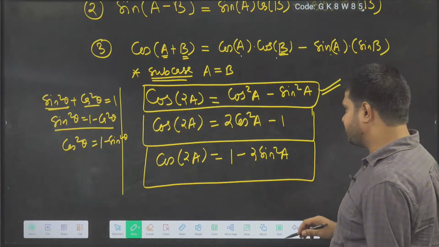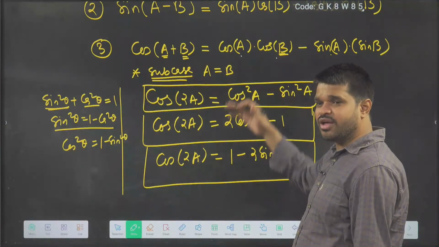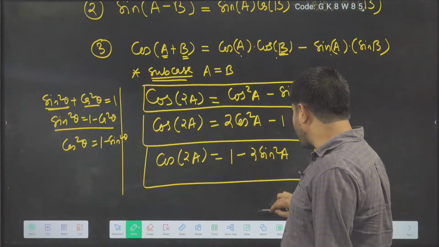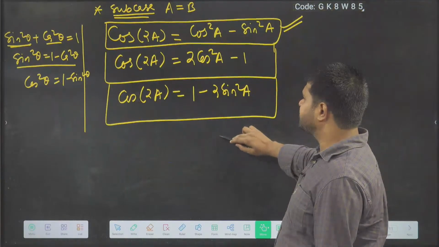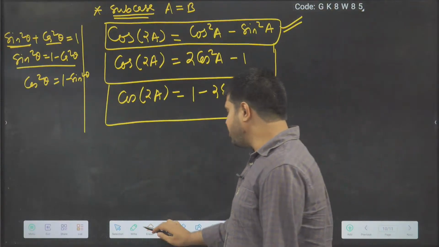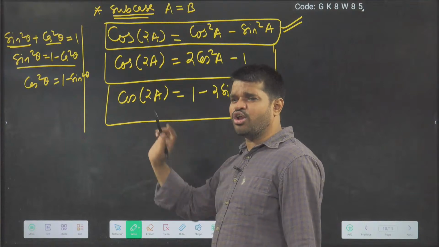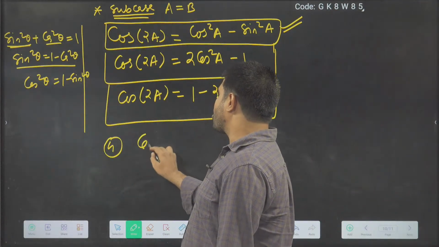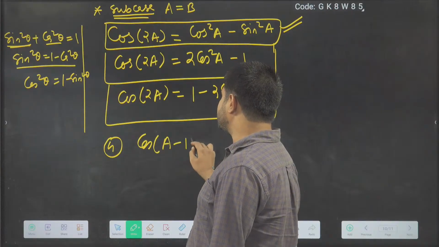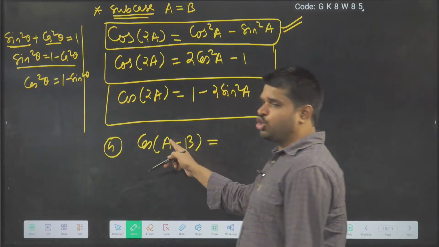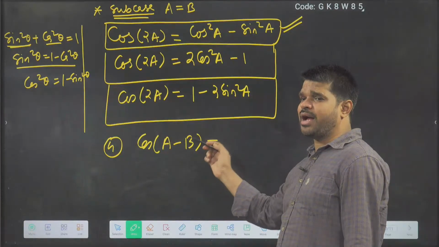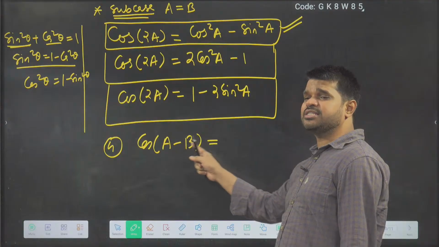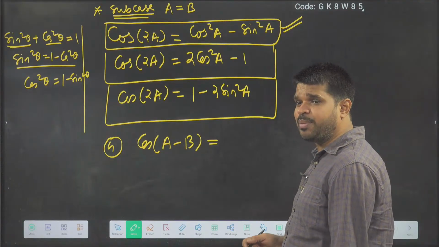Acha, see here. We will come to the fourth formula, but before that, everyone feel okay. Later on we will do. First of all, let's come to the fourth formula. Cos of A minus B. Now you are having A minus B. When you have minus here, here you will get plus.